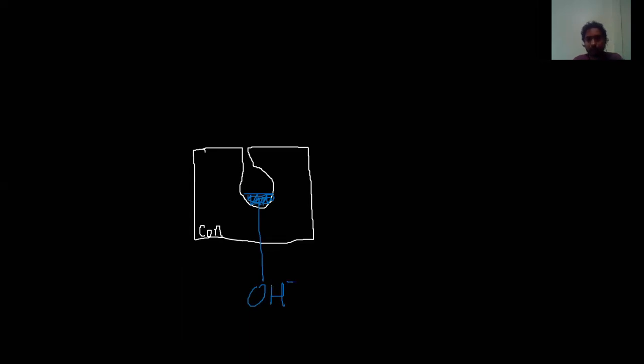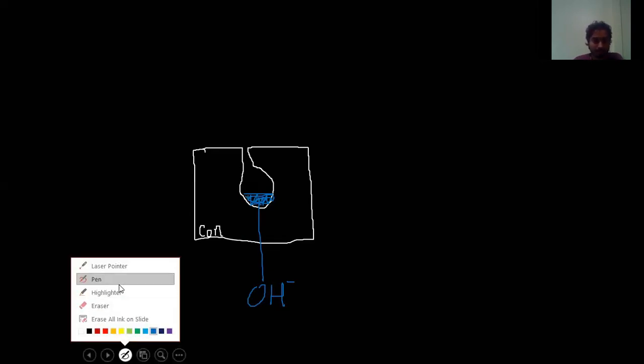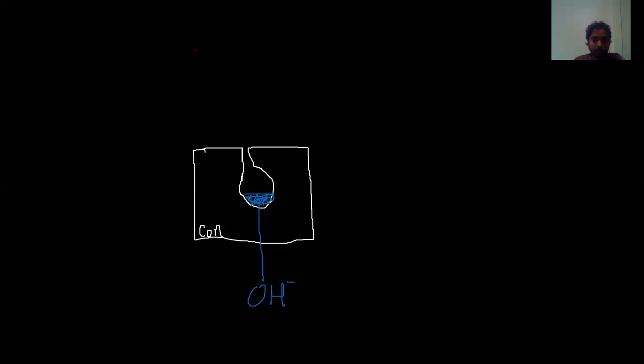From where does this OH negative come from? It comes from calcium hydroxide, which is present in the concrete. For understanding purposes, I am considering this to be like water. Next, CO2. This CO2, which is present in the environment, is going to intrude or penetrate through cracks or pores into the calcium hydroxide.